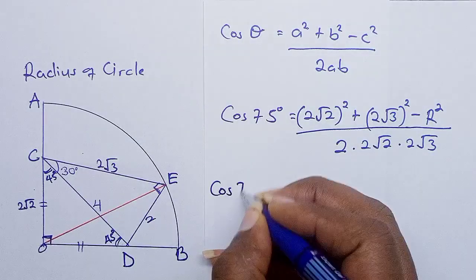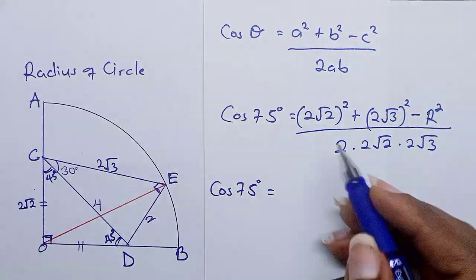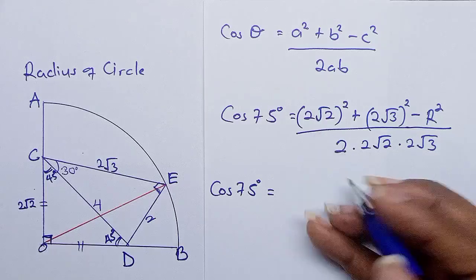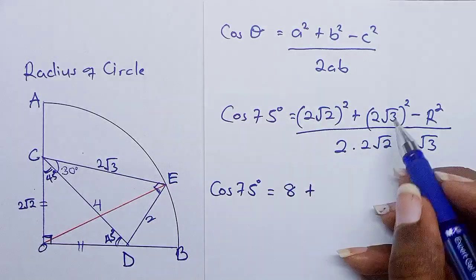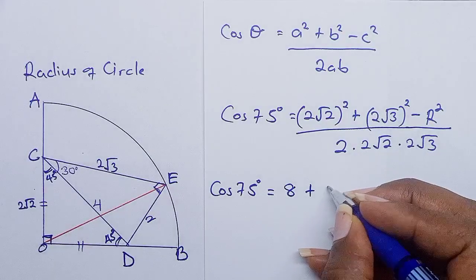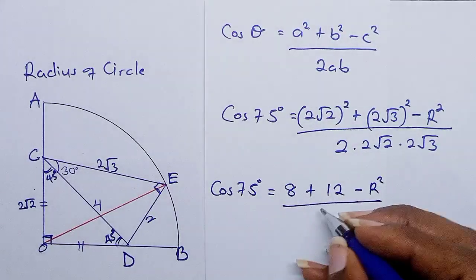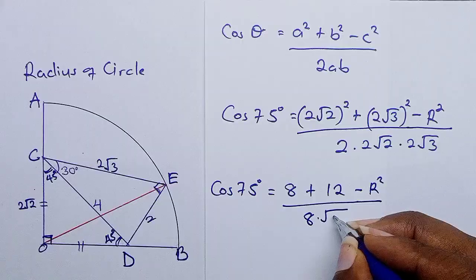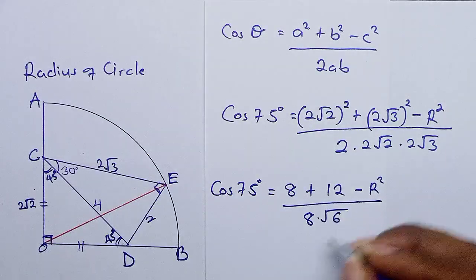Therefore, cos 75 degrees is equal to, this here we get 8 plus, this gives us 12 minus R squared over 8 root 2 times root 3, get root 6.